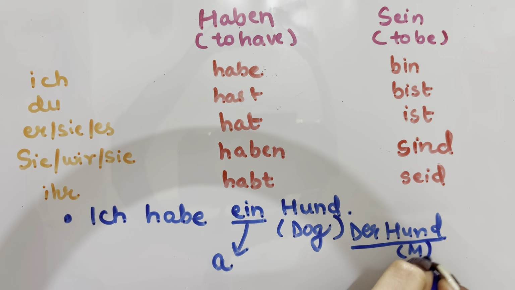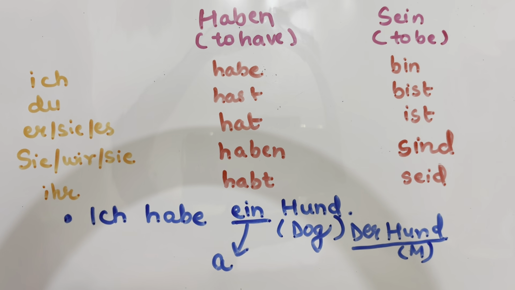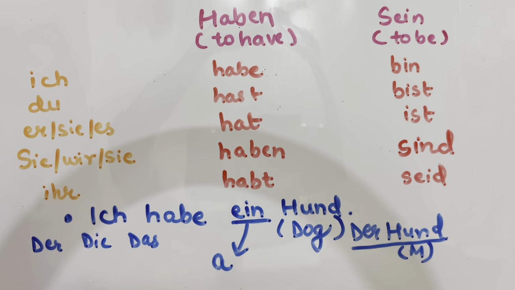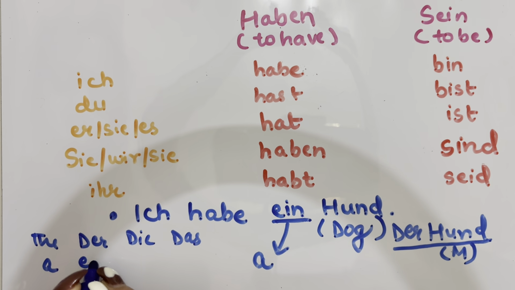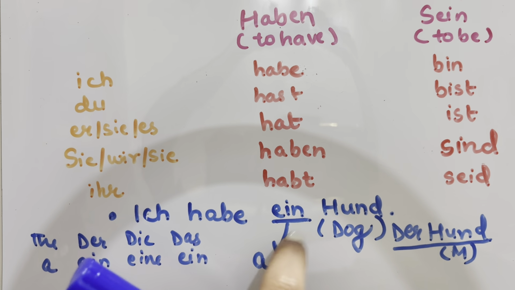It is masculine. And that's why we are using ein. So one thing I would like to tell you is der, die, das, the. And if we have to say a, then it will be ein, eine, and ein. So der and das will have ein and die will have eine.